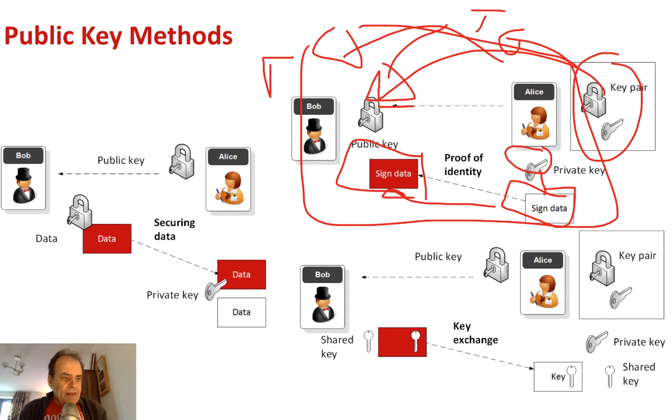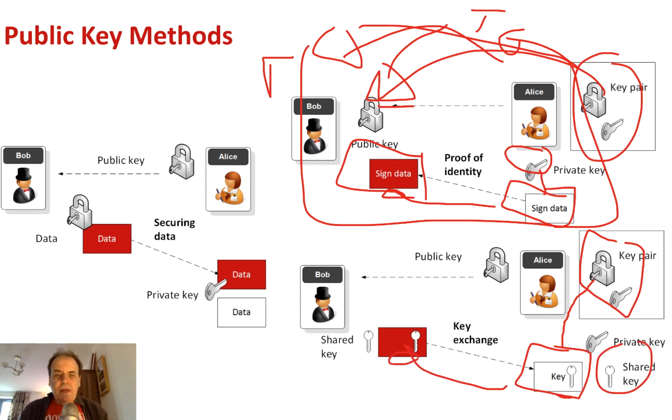So what Alice does is that she has a key pair again, and then she'll take her private key and then encrypt the key that she wants to use, sends it over to Bob, and then Bob uses Alice's public key to be able to... sorry, wrong way around. Let me go back again.